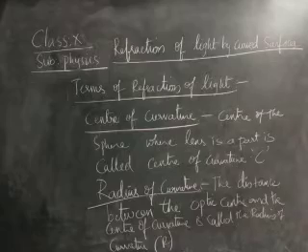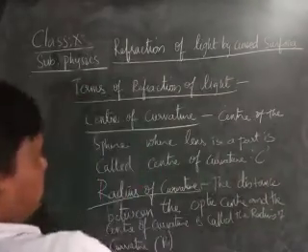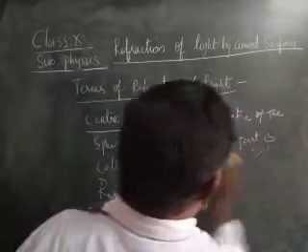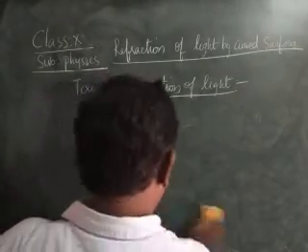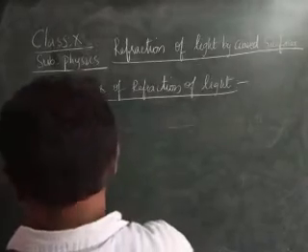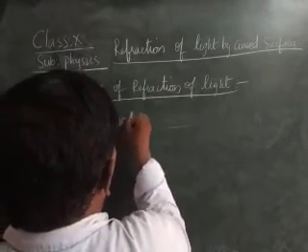After the radius of curvature, we have a term called principal axis.